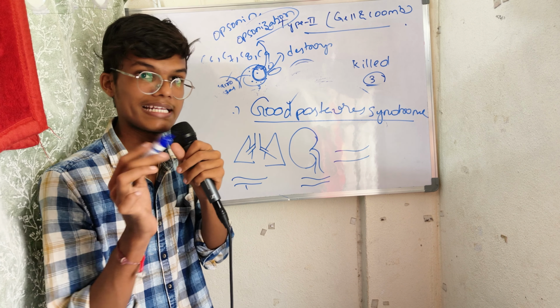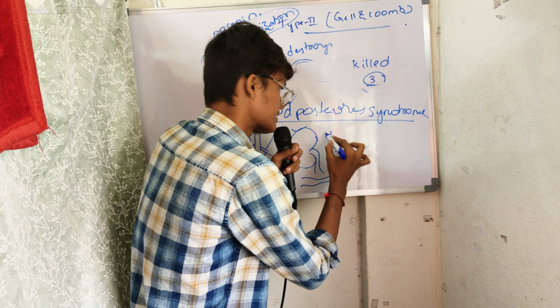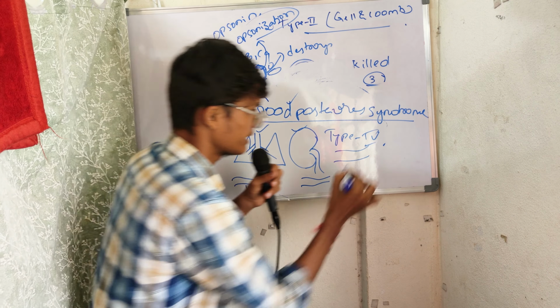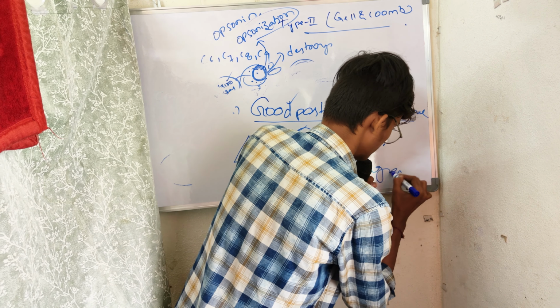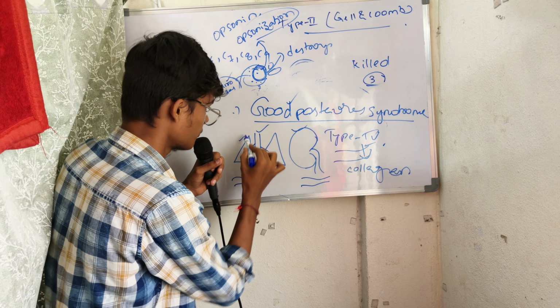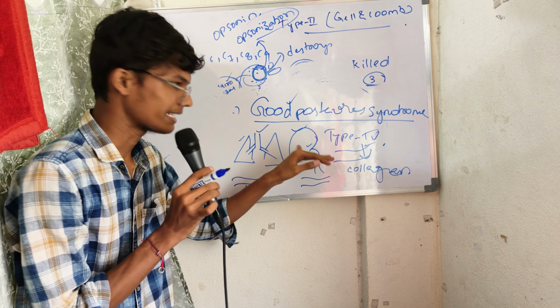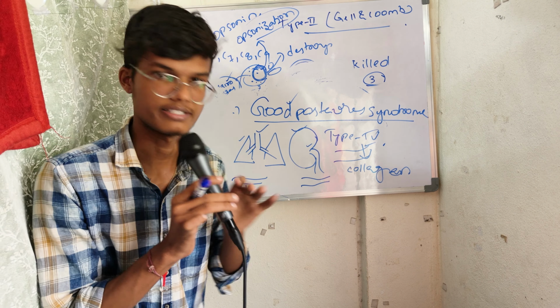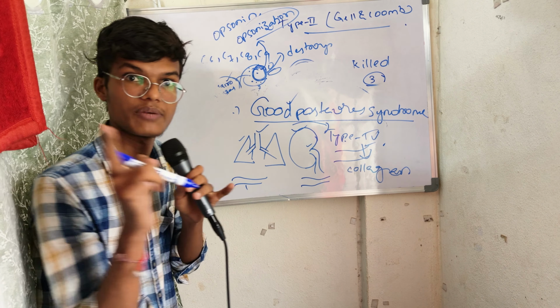This basement membrane is made up of a type of collagen, and particularly here there is type 4 collagen, in the basement membranes of the lungs and in the kidneys, that is, in the glomerulus.